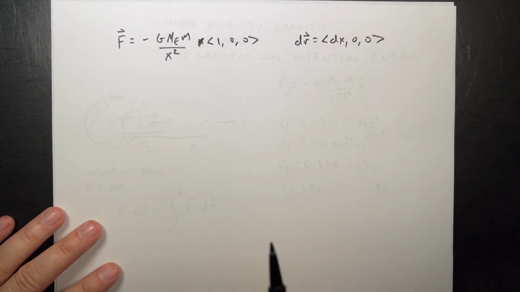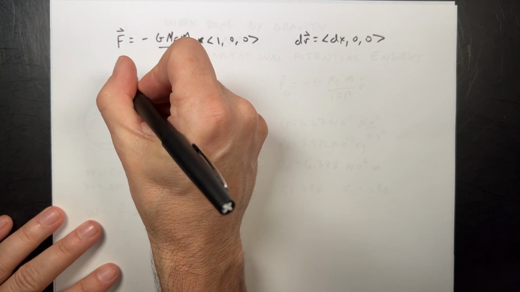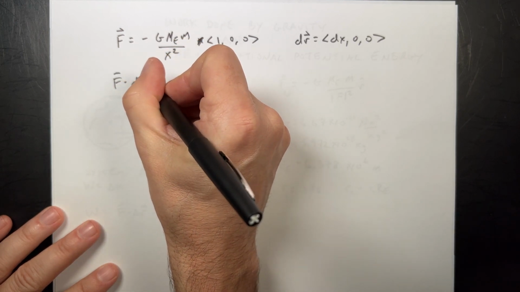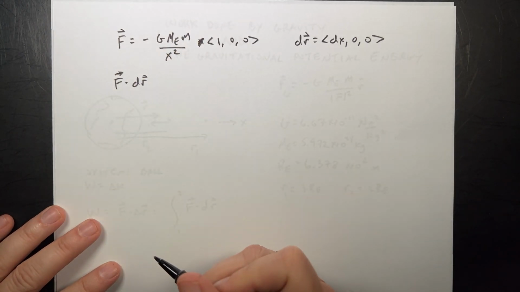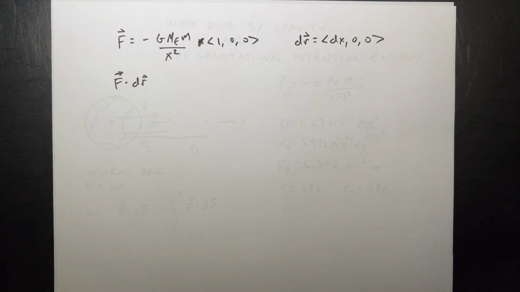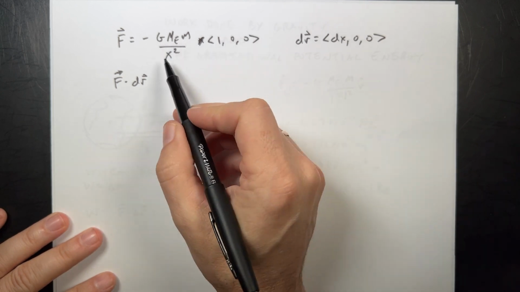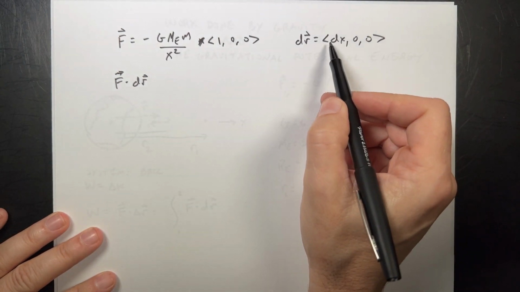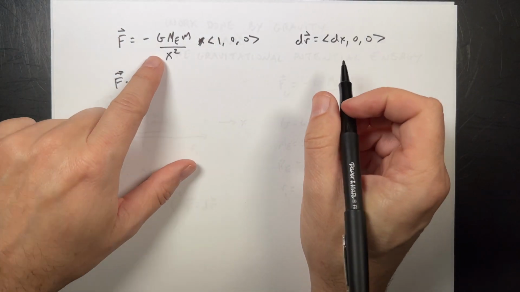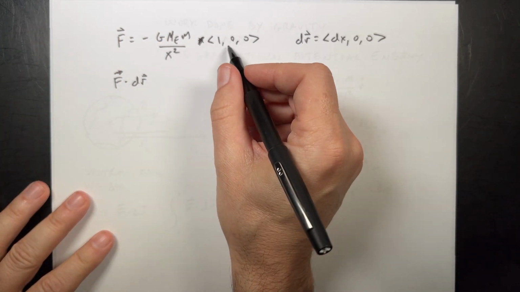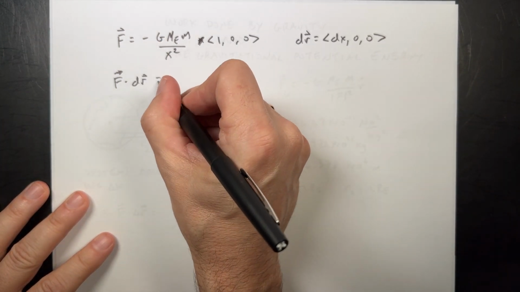Okay, so now we've got to do the dot product. Let's do F dot dr. Now the nice thing here is that this should be a scalar value so that we can integrate. And I've chosen it so that the integral is in one dimension, so it's an easy integral. These line integrals can be complicated, but we're doing it in the easiest way possible. Okay, so here's my force. I'm going to take this dot that. So how do I do the dot product? Well, this term is in everything, so I can just pull it out front.